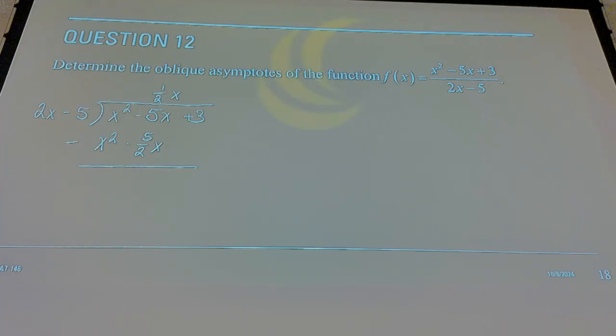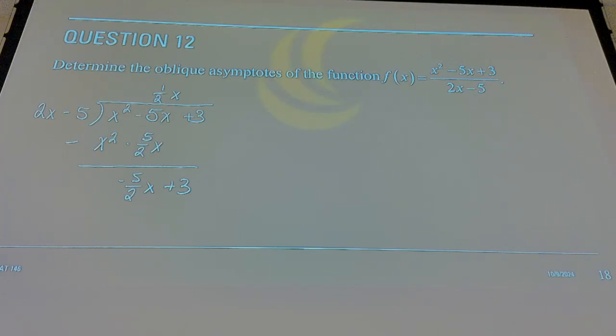Perform that subtraction. -5 plus 5 halves, negative 5 halves x. And then 3 minus 0 is 3.